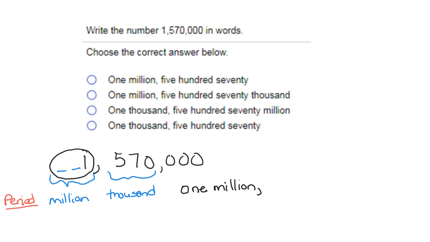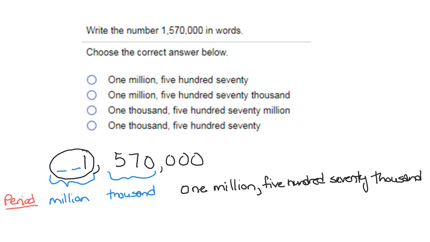The next 3 numbers you would say as 570, followed by the period. The period here is the thousand. And since the remainder of the numbers are zeros, we can stop right there.